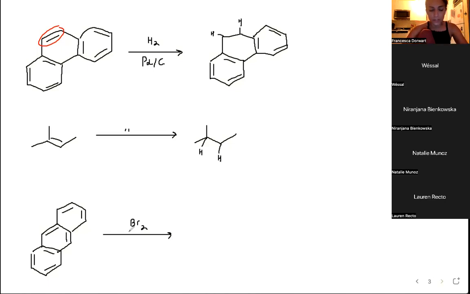So in this case, we have a couple of possibilities. I think Dr. Hammond plays it out in his answer key, but maybe cut to the chase, we can use this pi bond here, react with bromine.